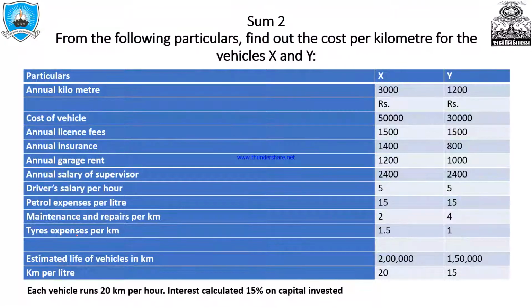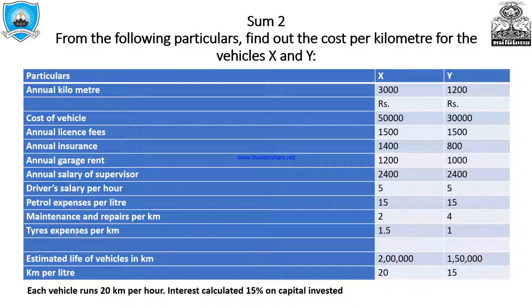Here is the information for the solution of the sum. From the following particulars, find out the cost per kilometer of vehicle X and vehicle Y. There are two vehicles, X and Y, and we find both vehicles' cost per kilometer.